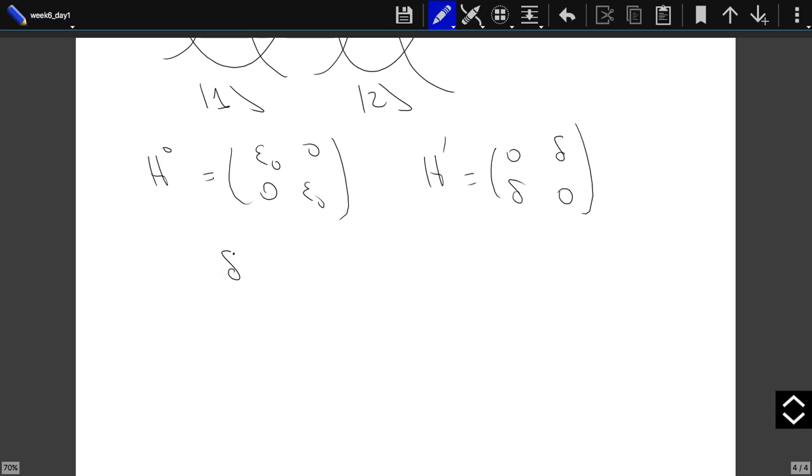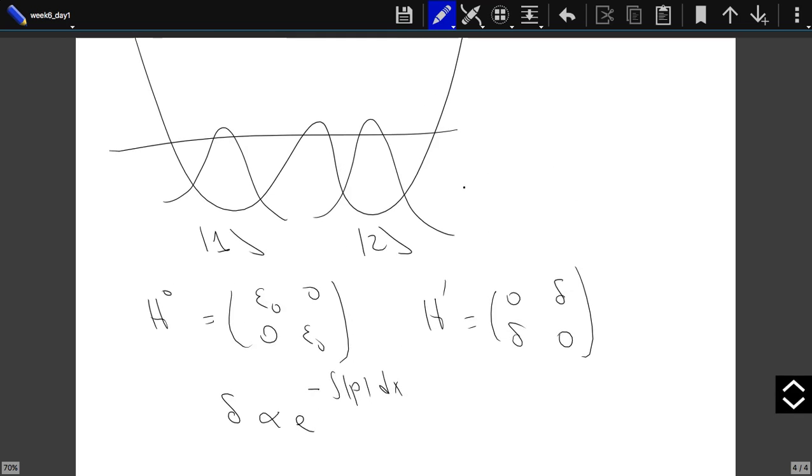Where delta, by the way, is proportional to, let's say, e to the power minus the integral of p dx. It will be exponentially suppressed, but nevertheless it will be there. If this is the energy, the integral will be from x1 to x2.